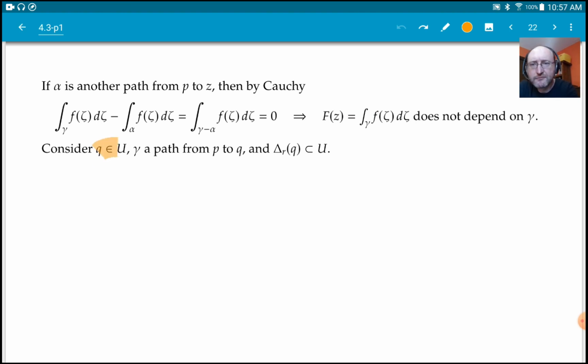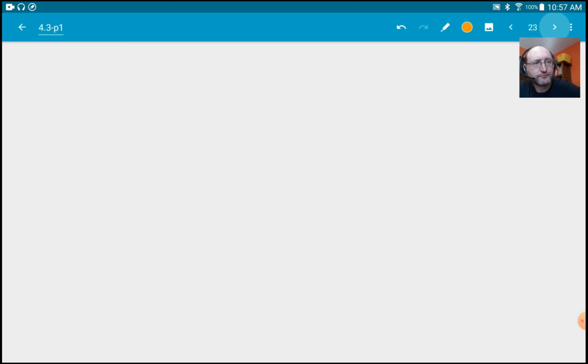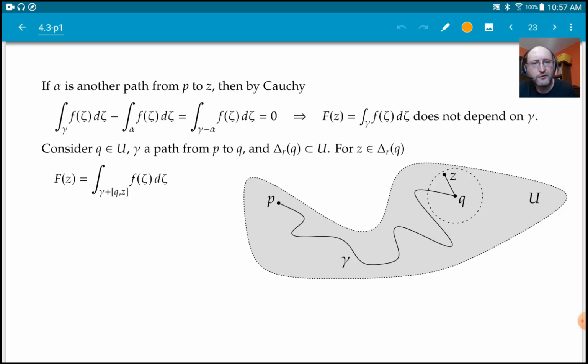So consider some q in U, any q, and let gamma be a path from P to q, and take a disk around q that fits in U. All right, so we have the following picture. U is something, and then we have the disk in here. P is already fixed, and q is some fixed point now, and this entire disk is in U, right?